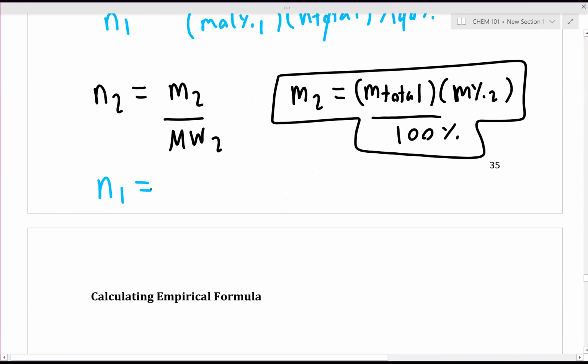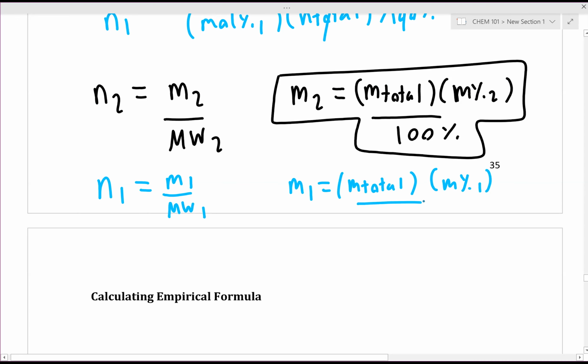Yes, the only thing that's changing is instead of a 2 label, instead of using the mass and molar mass of element 2, we're going to use the mass and molar mass of element 1, exactly. So then the mass of element 1 is obtained in the exact same way from the total mass. We take M total times the mass percentage of element 1 over 100%.